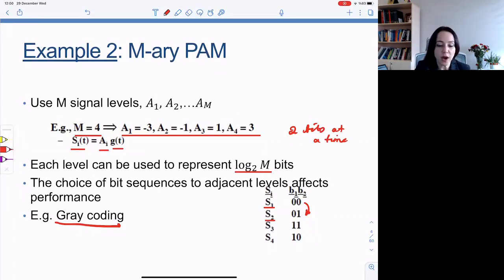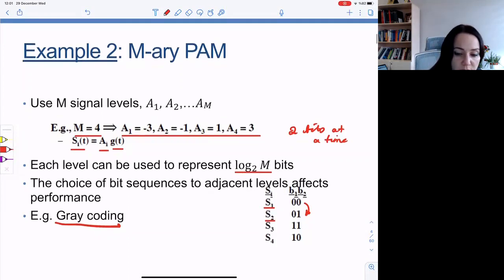in the case that one level is mistaken for another. Why do we mistake a level for another at the detector? Because of noise. So, for example, suppose -1 was transmitted, but due to noise being added to it, we thought it is +1.